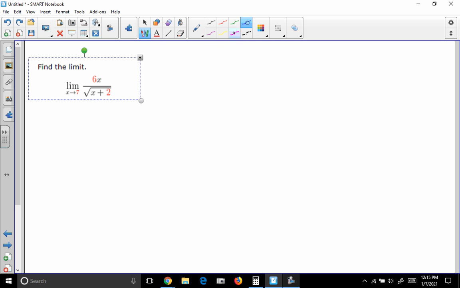Even if we have a rational expression, if this particular number does not make this undefined, then we can find the limit by direct substitution. Replace x with 7, replace the other x with 7, so we get 6 times 7 on top.